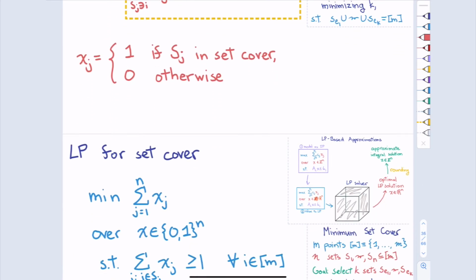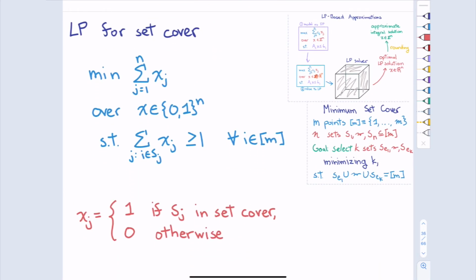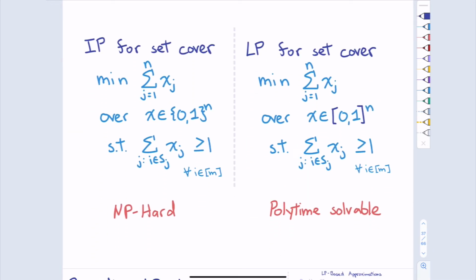Okay. How do I turn that into a linear program? Just change it. Okay, nothing special there. But suddenly we get to use this unbelievable black box. Same point as before.